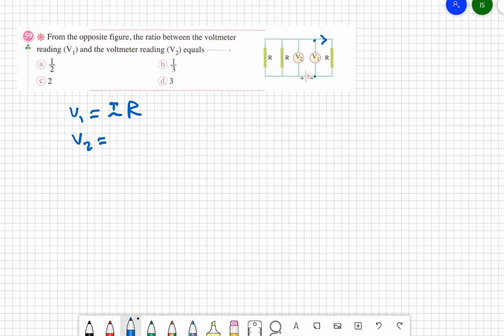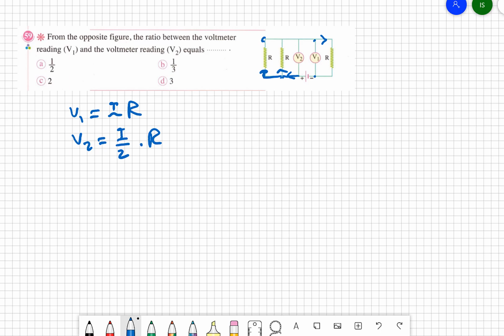For V2, the current will divide exactly in half: half of the current will move through the first resistance and the other half will move through the second resistance. So when you calculate V2, the current here is I over 2, because half of it will move through each branch, times R.